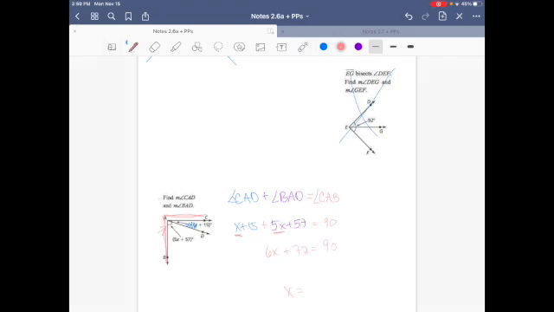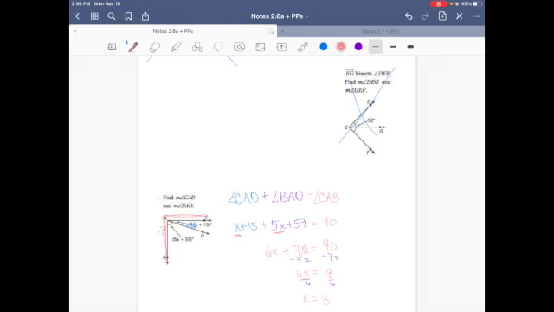Then we subtract 72 from both sides, and we get 6X equals 18.